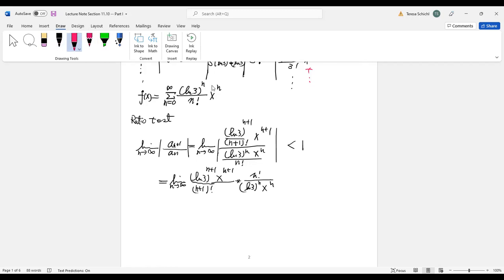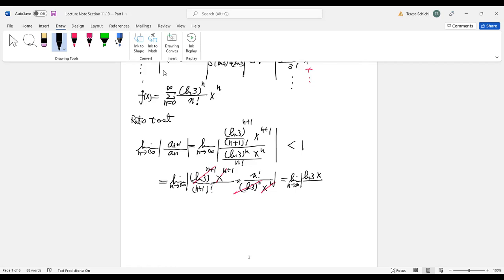All right, now you can say that here I can cancel this one out. So I have x left here. Then I can cancel this one out, I have natural log 3 left here. Then for the n factorial and n plus 1 factorial, this will be the limit as n approaches infinity. You have natural log 3 here, and I have x.